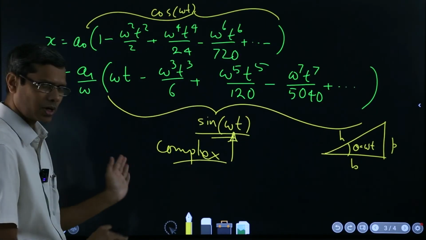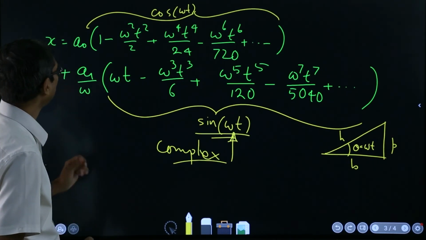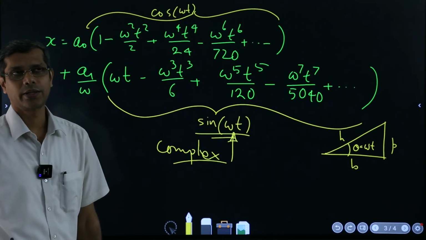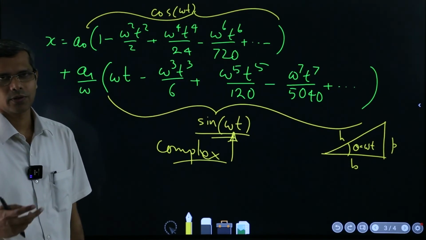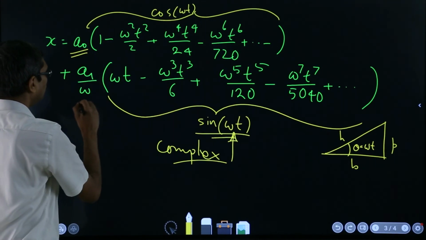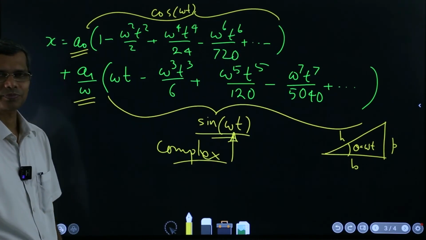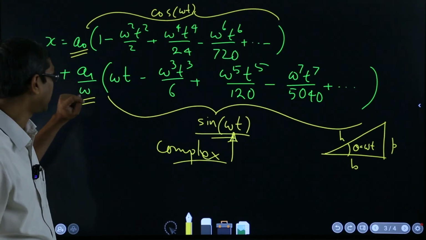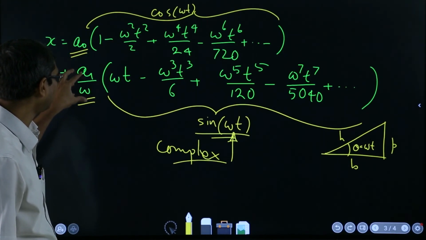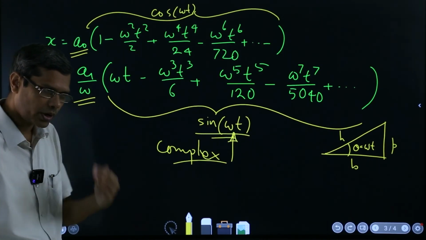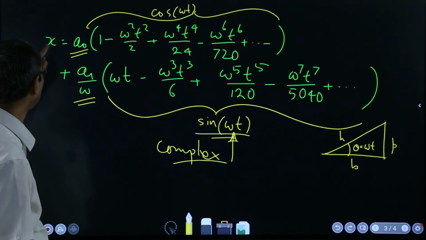Now coming back to this, you should think about why you were always told that when there is a differential equation of second order, you require two initial conditions. That is where these two initial conditions are lying. Without knowing a0 and a1, you cannot go ahead evaluating x of t.